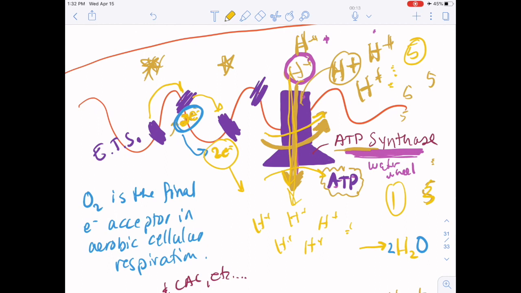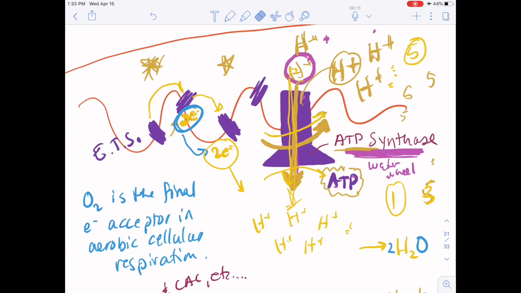It would equalize, and then we wouldn't get any more ATP because ATP synthase wouldn't have the energy from it anymore. We need oxygen to make ATP for our cells. If it's not there, that gradient gets equalized and we are up a creek without a paddle. No more oxygen, no more ATP. This whole thing gets gummed up.